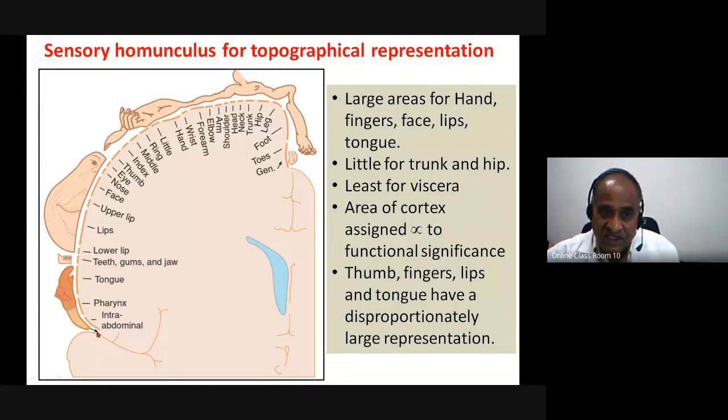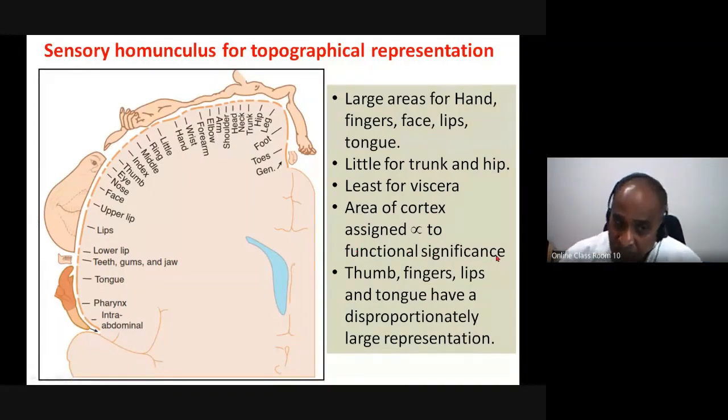The viscera is here somewhere, for all the intra-abdominal contents. Thus the area of cortical representation is proportional to the functional significance of a particular component. If it is a very fine one, the greater is the representation here. Thumb, fingers, lips, and tongue have a disproportionately large representation.